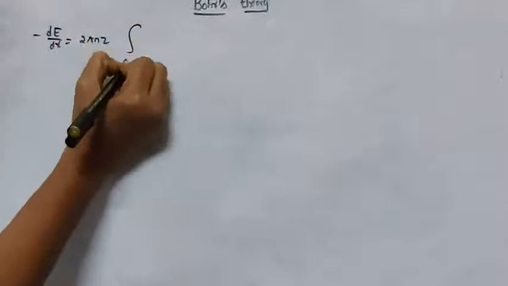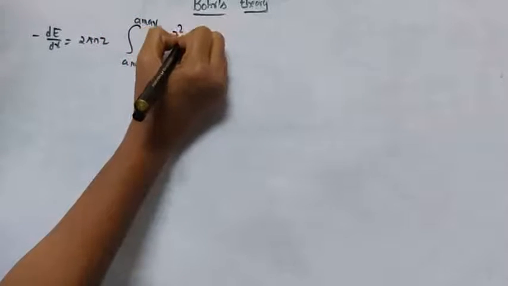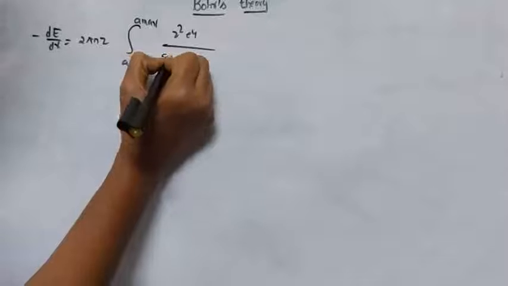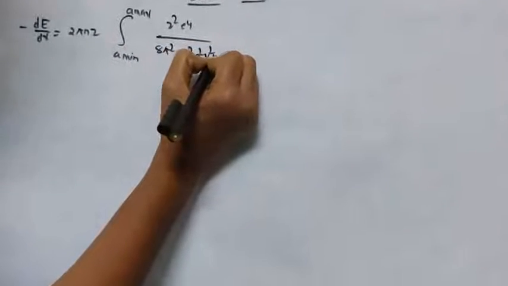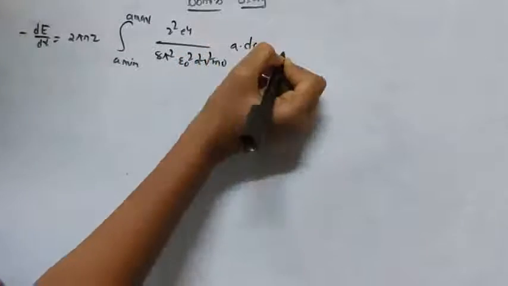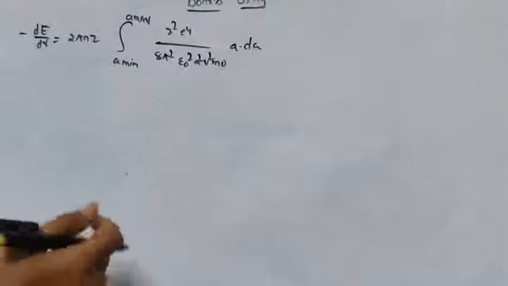By substituting the t value, that is kinetic energy, in the energy lost per equation, we got minus dE by dx is equal to 2 pi nz integral a minimum to a maximum z square e power 4 by 8 pi square epsilon naught square a square v square into m naught a into dA.